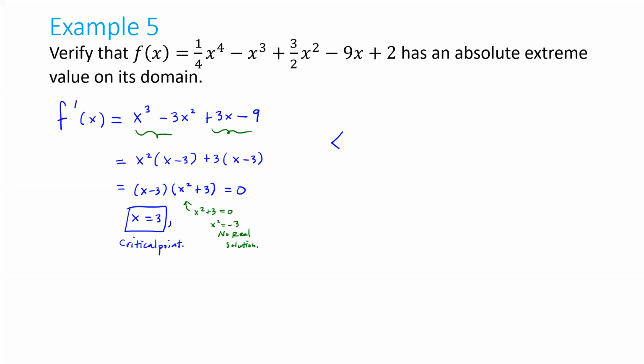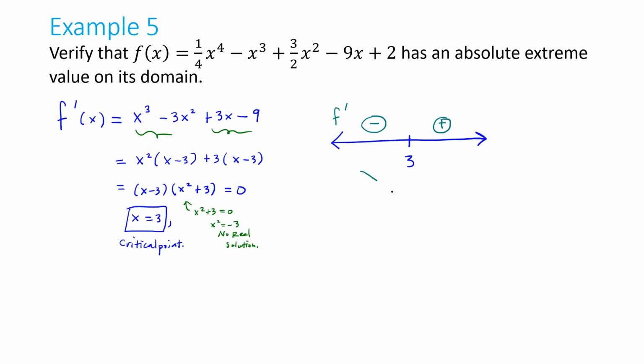And we can see that at that one critical point, if I choose a value of x that's less than 3, you can even do this in your head. You put 0 or 1 or something in here. You'll get a negative value times a positive value, so it'll be negative on this side. And try something greater than 3, and you get a positive value on that side.